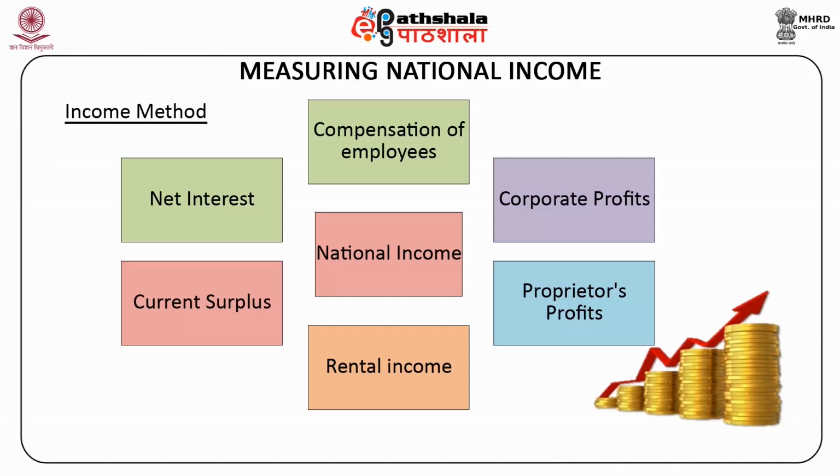These corporate profits are then utilized for tax, dividend payments, and finally kept as retained earnings. The proprietor's income is the earnings of the unincorporated self-employed. The rental income includes income earned by the landowners, royalty income by authors or artists.